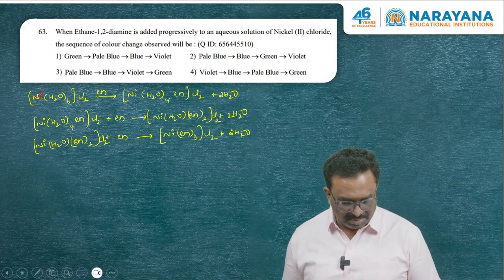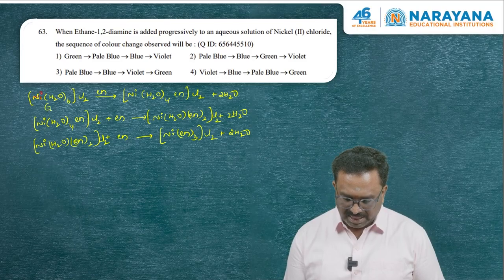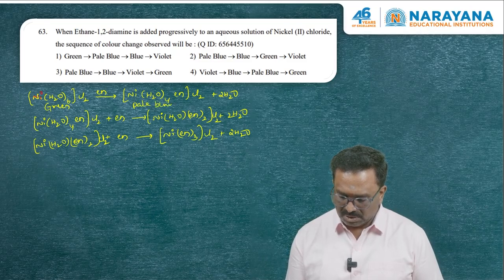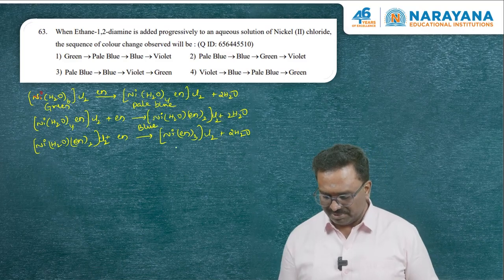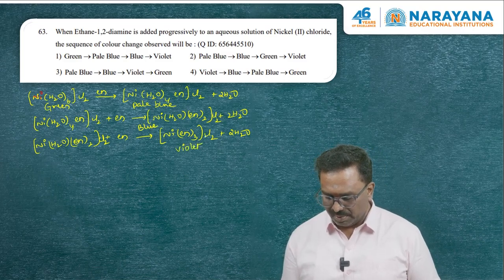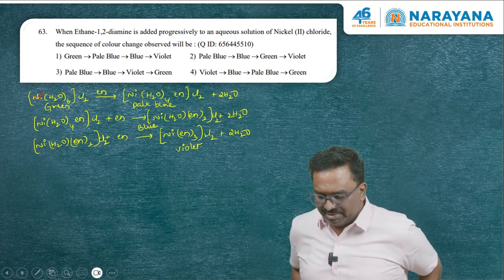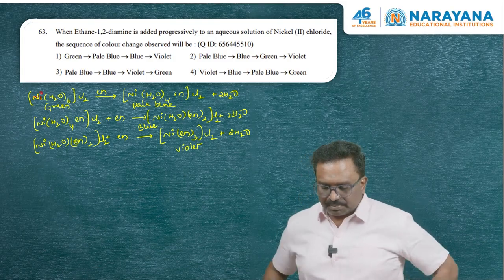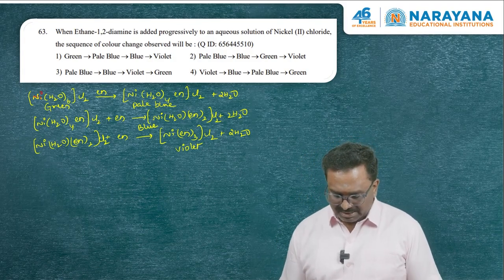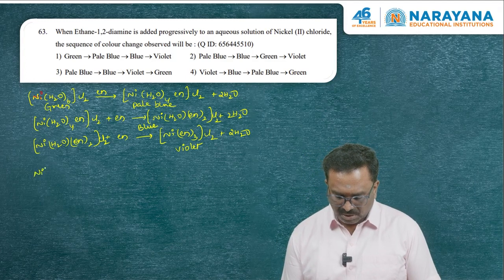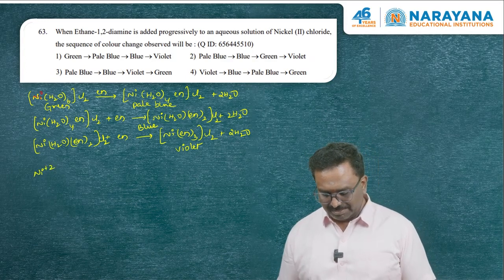This is actually obtained. This first one is actually a green colored compound which further changed into pale blue, then changed into blue colored and further it changed to violet color. We can identify that change here. What happened is nickel here which has a +2 state.